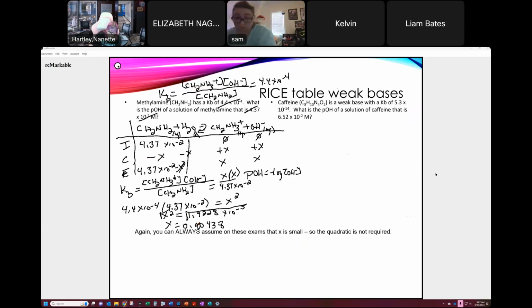0.00438. And again, 3 sig figs, because I started with a number that had, no, actually I started with a number that had 2, well, okay. I'm going to take that to 2 because the KB value that I'm working with only has 2 sig figs. So 0.0044 is the way that I report that. Now that's my OH minus concentration.